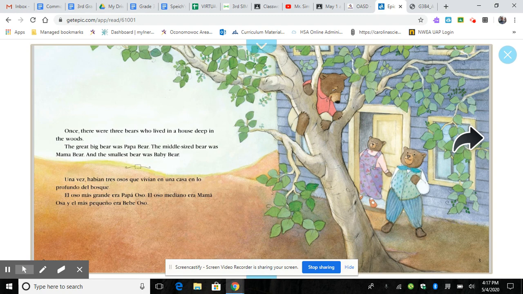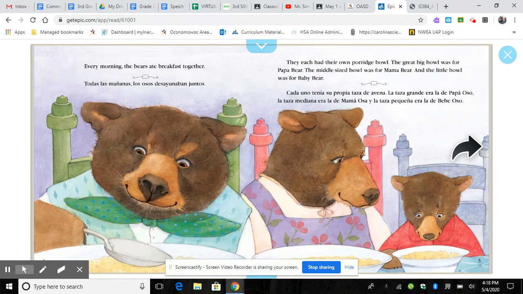And it talks about once there was three bears who lived in a house deep in the woods. The great big bear was Papa Bear, the middle-sized bear was Mama Bear, and the smallest was Baby Bear. So that's kind of telling us first, all right? And what are the bears doing in the beginning? That looks like they're just having fun as a family, right?